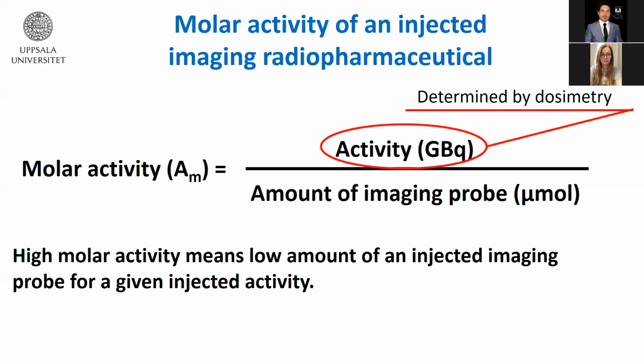Strictly speaking, the higher the activity, the easier and more accurate you can reconstruct the activity distribution, and the more accurate an image you will receive. On the other hand, we cannot inject an infinite amount of activity into a living patient.